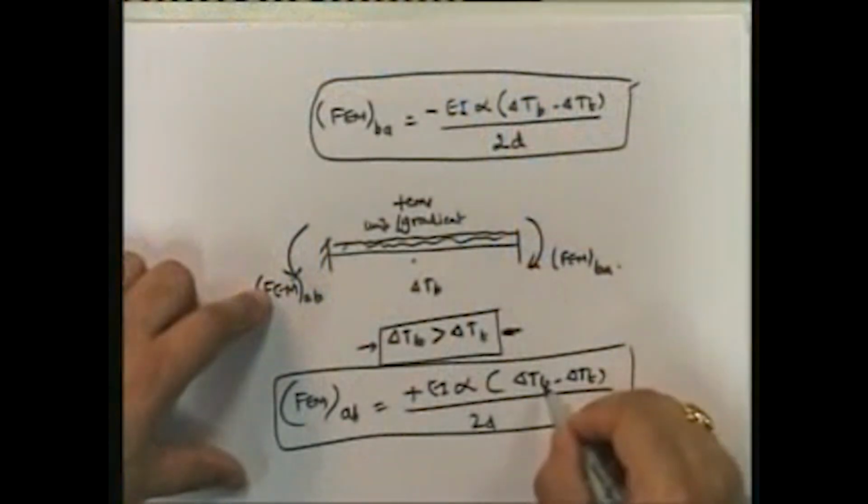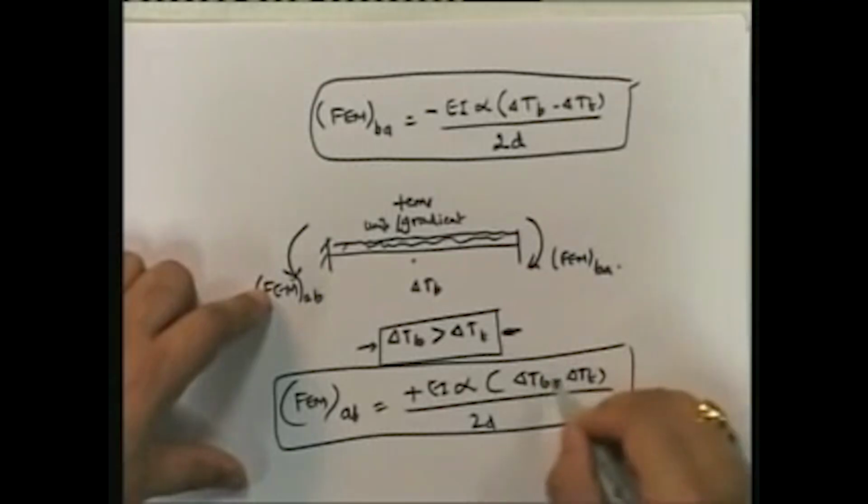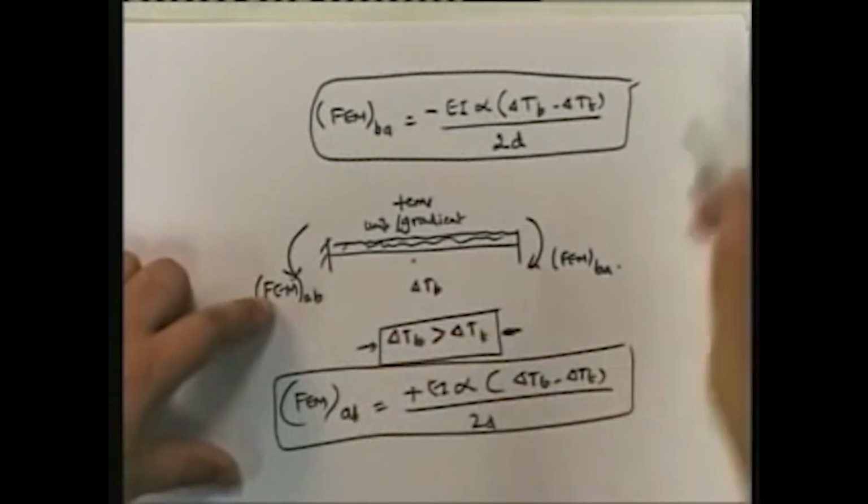In other words, the top fiber across the length sees delta T top, and that's a negative temperature, and delta T bottom is uniform across the length, and that's a positive temperature, to get the directions that you have. Of course, if delta B and delta T turn out to be different, you'll get them to be minus.